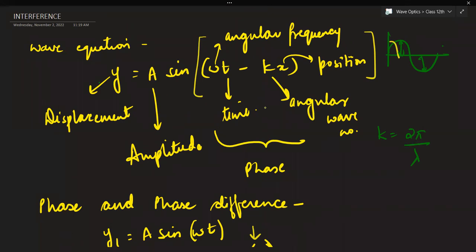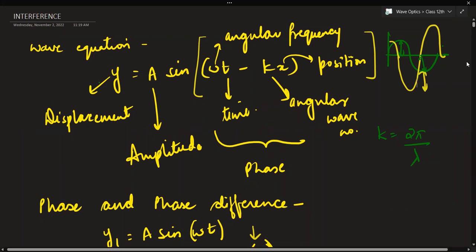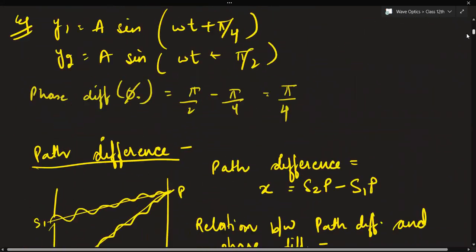But let's say this is one wave and the green one is another wave. In this case, there will be a difference in the path that both waves have covered. That is known as path difference. Or you can see it through this example, which is much better to understand.